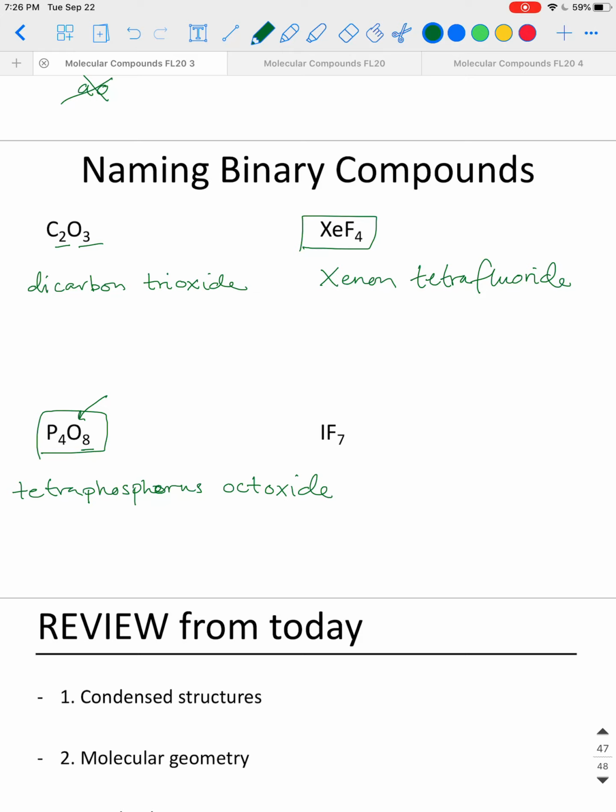And then lastly, IF7. Try to name that one. Okay, assuming that you've tried it, we have iodine. Remember, we do not change the ending of the first element to IDE. You just keep it, name the element. So iodine. And what is the prefix for 7? It should be heptafluoride.